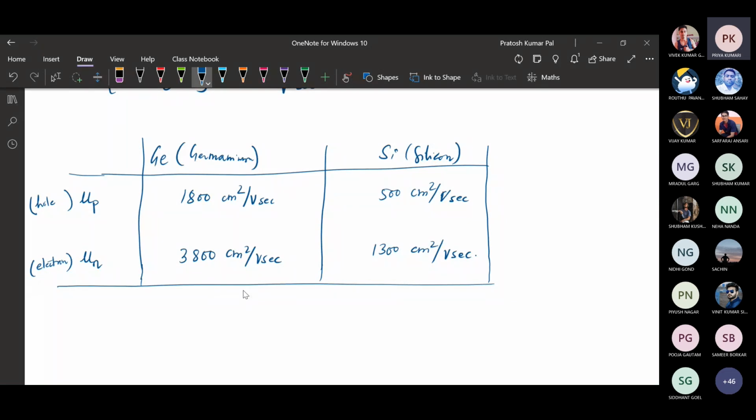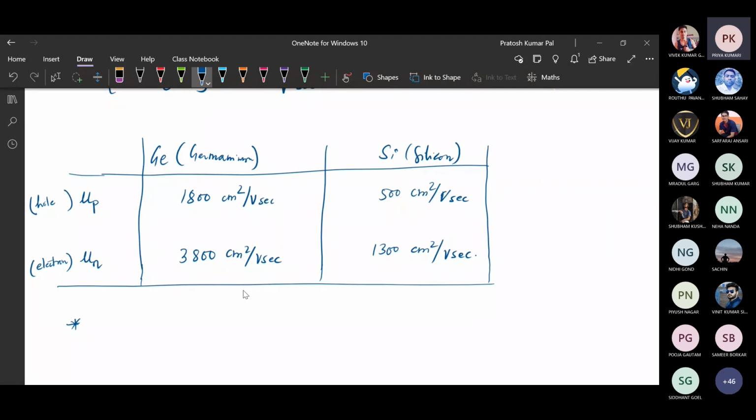From this table we can conclude that the mobility of holes in silicon is 500 centimeter square per volt second, and in case of germanium it is 1800.